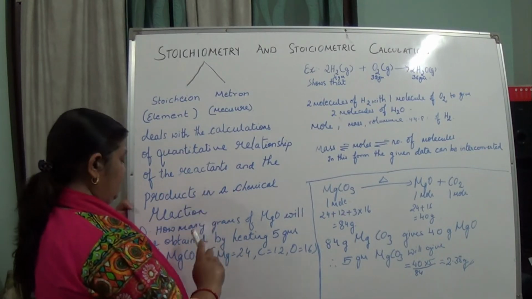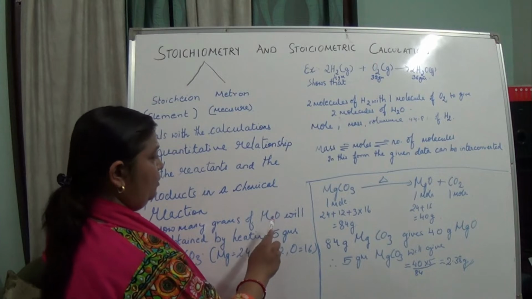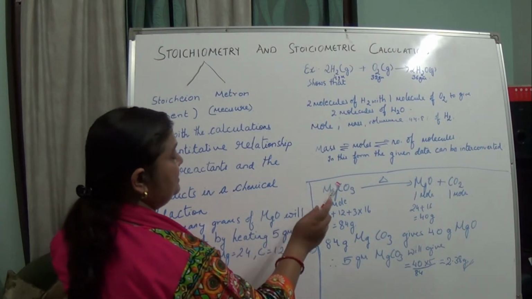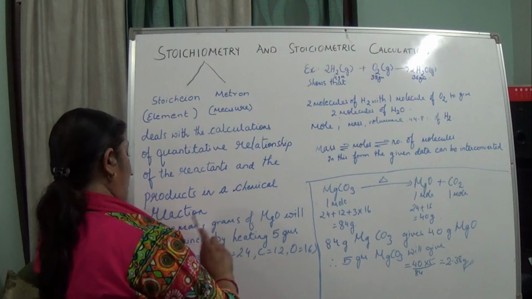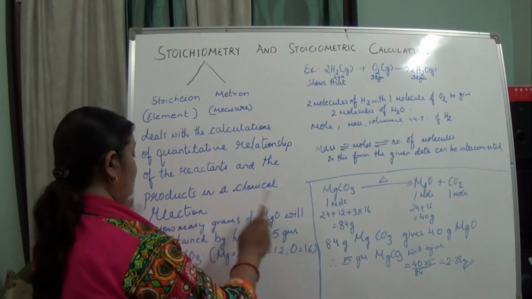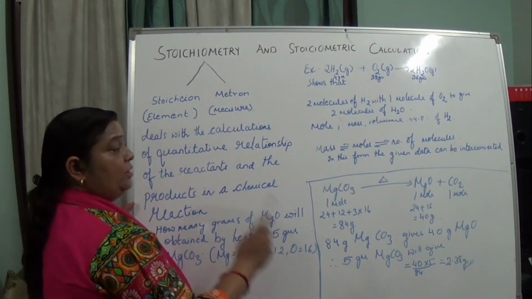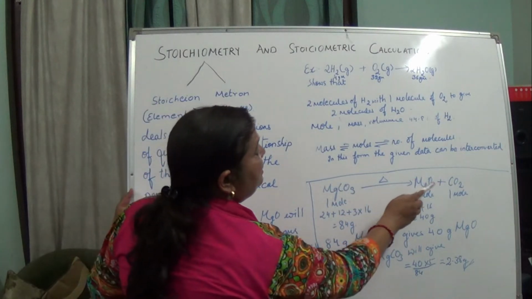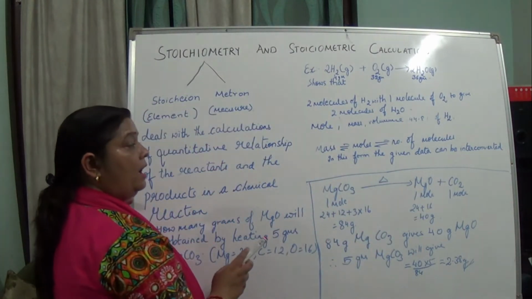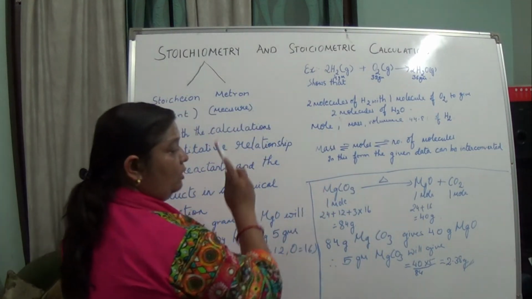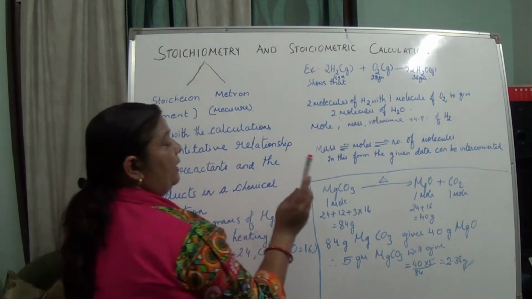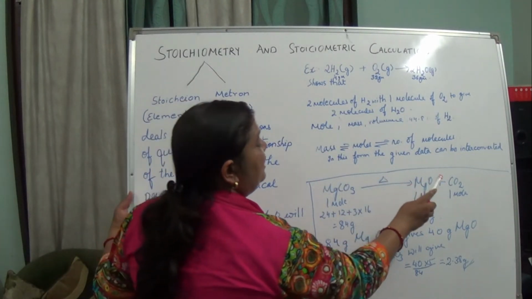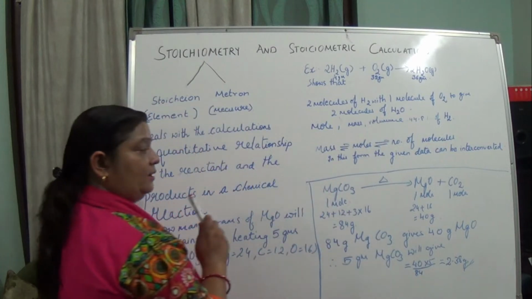We are taking magnesium carbonate and heating it. Heating magnesium carbonate, we get magnesium oxide plus carbon dioxide. Here you can see 1 mole of magnesium carbonate, when heated, gives 1 mole of magnesium oxide and 1 mole of carbon dioxide.